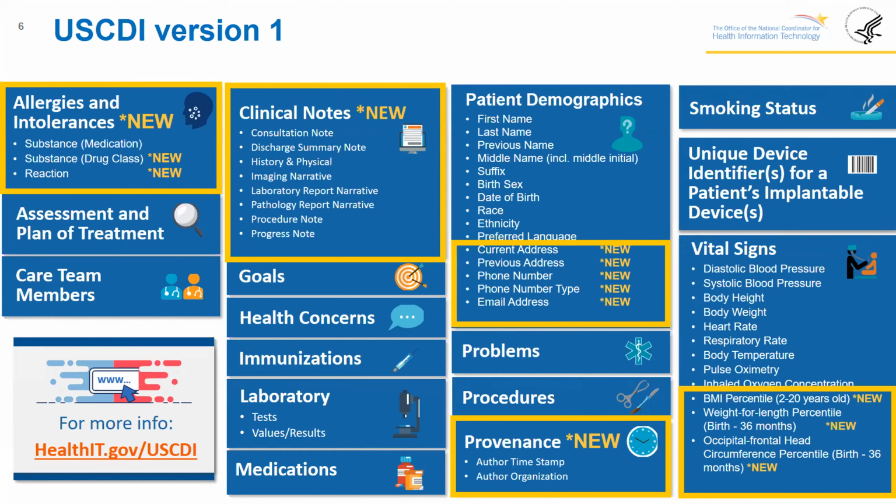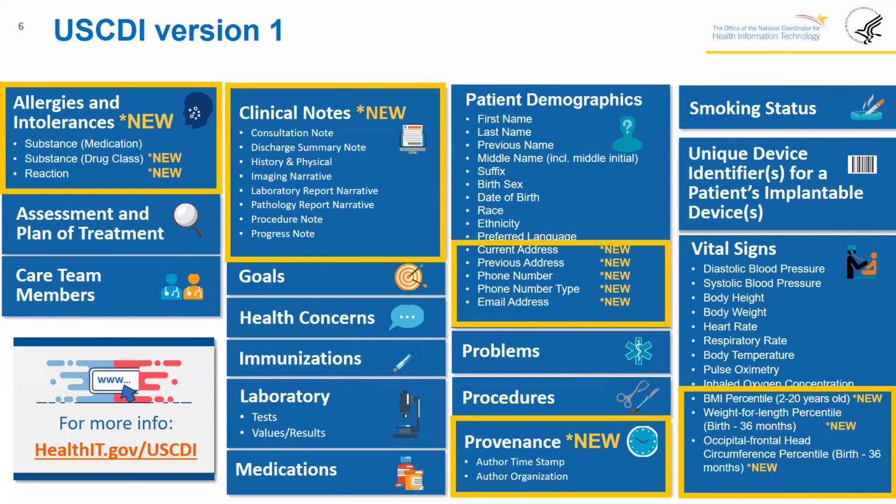USCDI version 1 added 3 new data classes: allergies with the data element substance medication, the substance drug class, and the reaction, all part of the allergies and intolerance data class. The clinical notes data class added 8 new clinical note types, and they're listed here. We also added a provenance data class, which adds provenance data to all the other data classes as well.